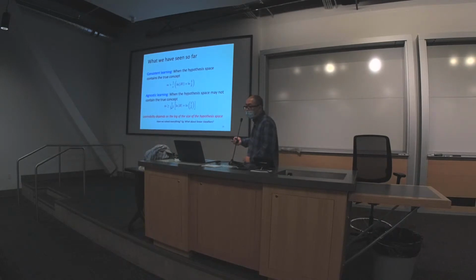So this is a key difference. But if you just look at the form of the sample complexity bound, it's really similar, right? And both sample complexity bounds depend on the log size of the hypothesis space, which reflects the complexity or the expressiveness of your hypothesis space, right?